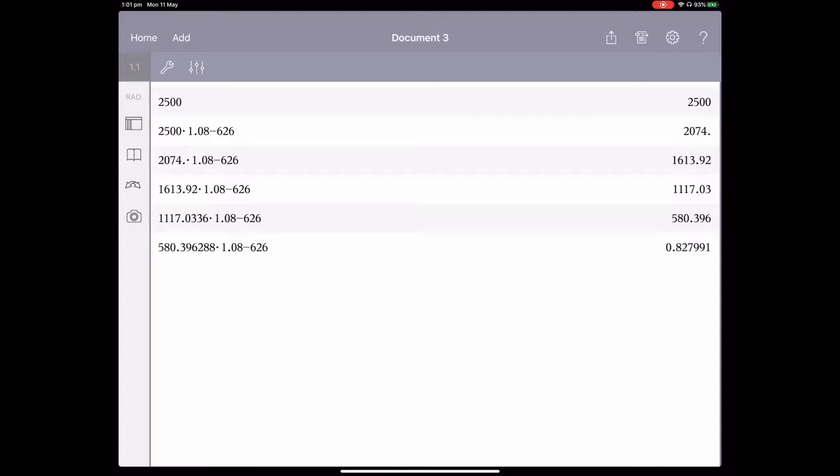At the end of the third year, 1,117.03. End of the fourth year, $580 and, rounding that off, 40 cents. And end of the fifth year, we had 83 cents left.